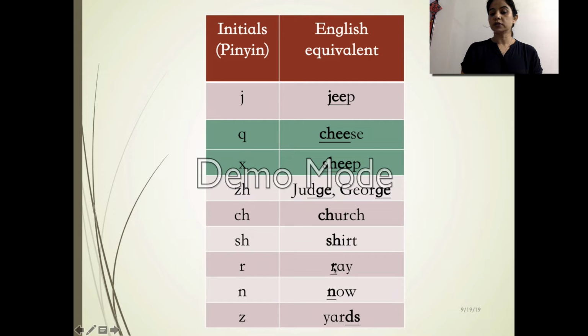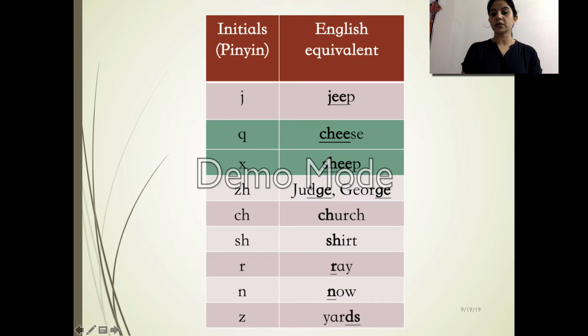R is like r. Okay, now here what we have to remember is whenever we are pronouncing the words which start with ZH, CH, SH and R, we have to roll our tongue. If we roll our tongue, then we'll get this exact pronunciation. And also if you can see here the CH and Q, it sounds very similar, but when you roll the tongue for this, the differentiation will come.